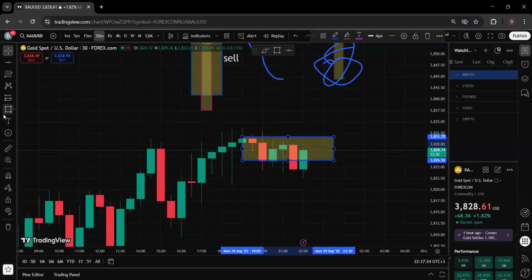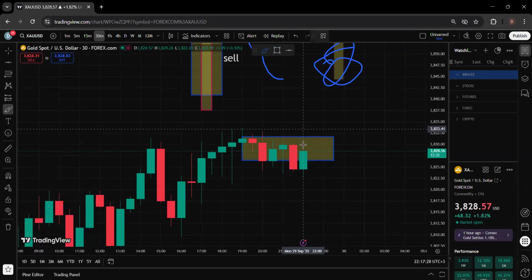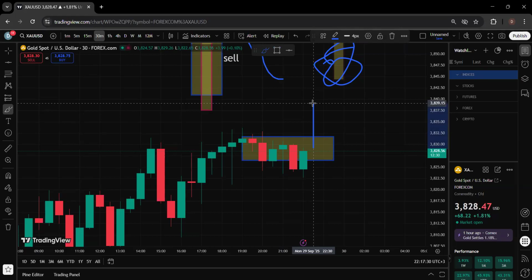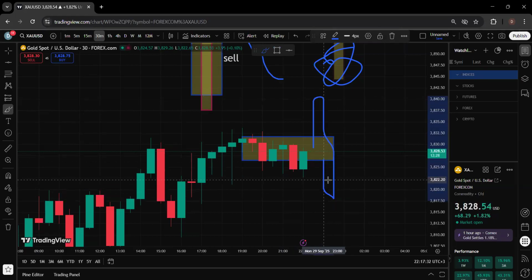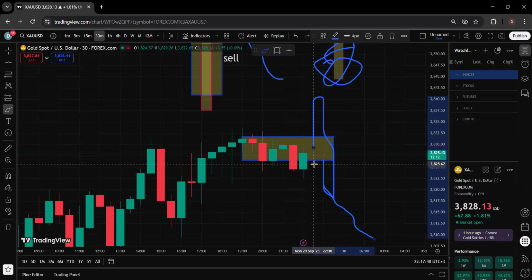It might even pretend to have broken above the region, then all of a sudden you see the market going all the way down to break below this region and continue selling. That's why we always have risk management, that's why we always have stop losses, and that's why I talk about the stop loss and risk management in general. The market is full of fake moves, especially for gold.